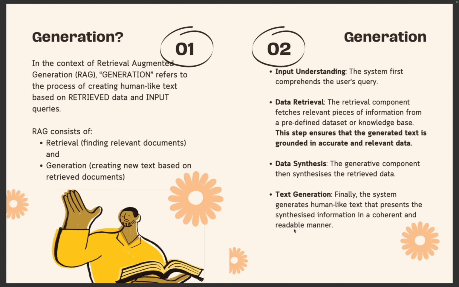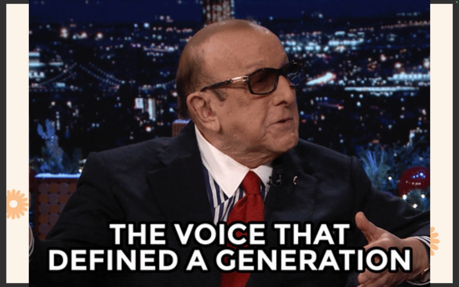The generation is the aspect we're in today, and the components of the generation side of things would include things like, when you send your query into the RAG system, firstly it needs to understand what that input is about. So in some cases, it converts the query into some sort of embedding or vector, which essentially is mapping the text to numbers, because computers recognize numbers.